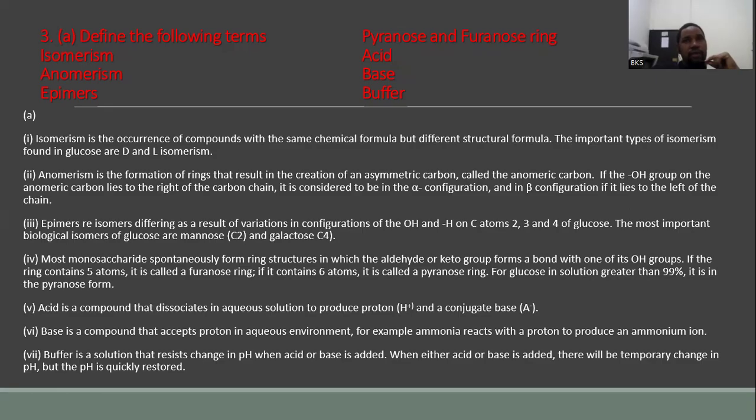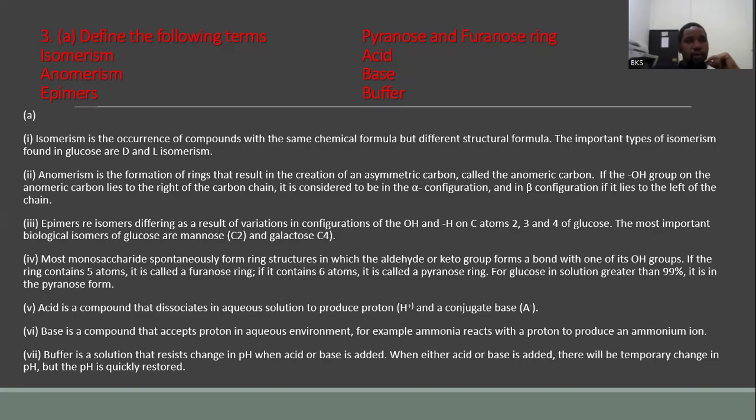Initially, the carbonyl carbon and the ketone carbon are not asymmetric centers, they are not chiral carbons, so that when cyclization occurs, they become chiral centers. And once they become a chiral center, they can show isomerism.